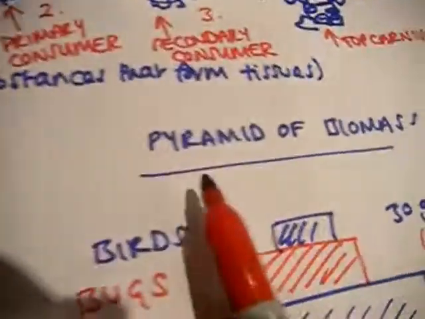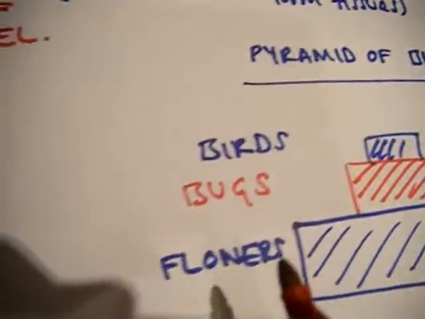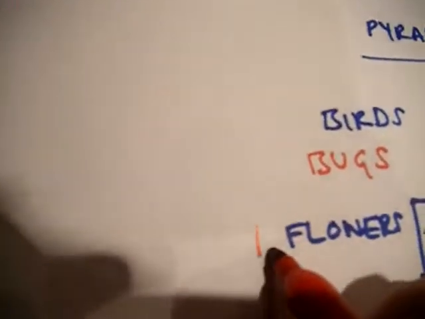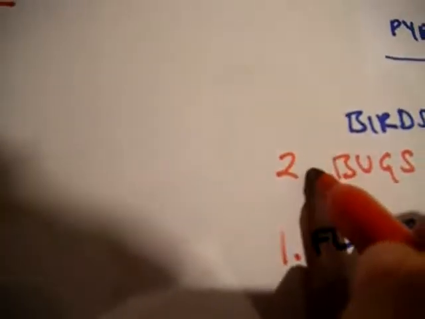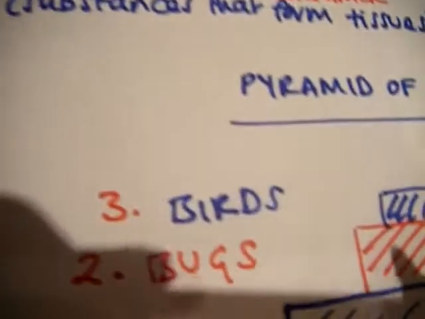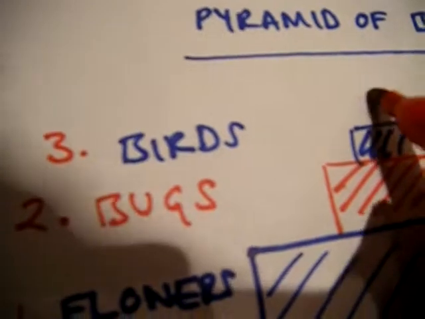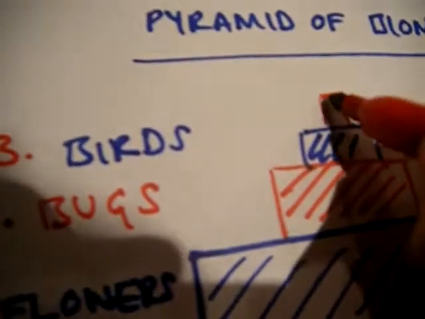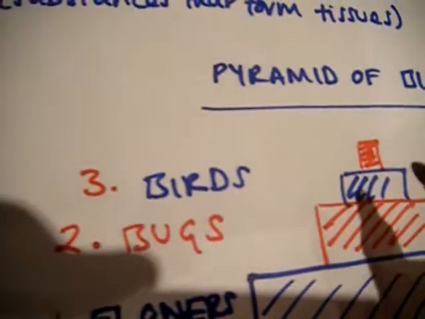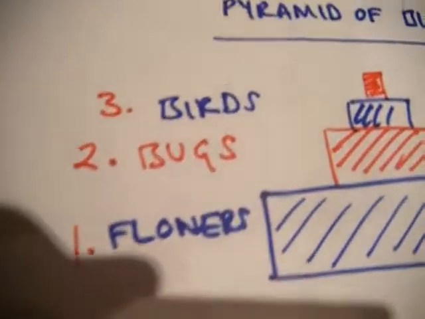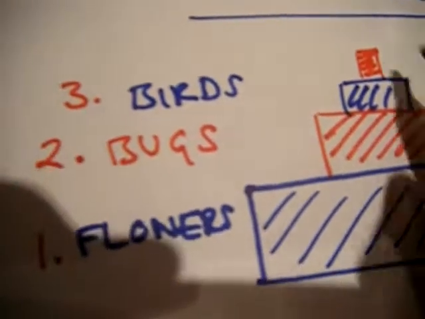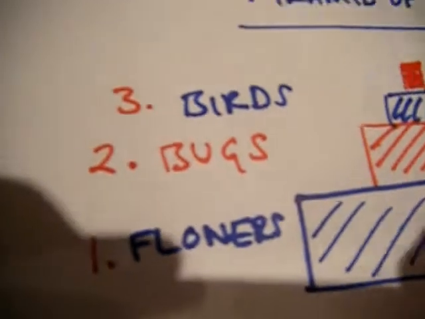So finally, on my pyramid of biomass, this is first trophic level, this is second trophic level, this is third trophic level, and finally I'm going to put my dog on, and there's only one dog in flowery field, so I'm going to put that there on the top.